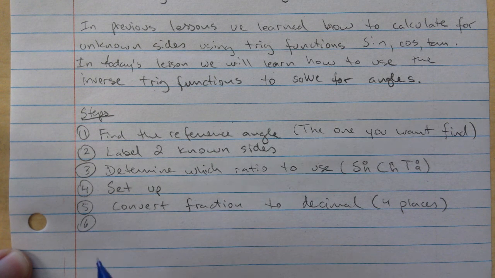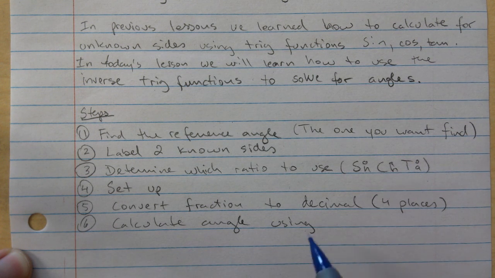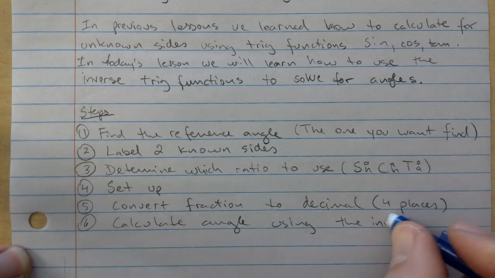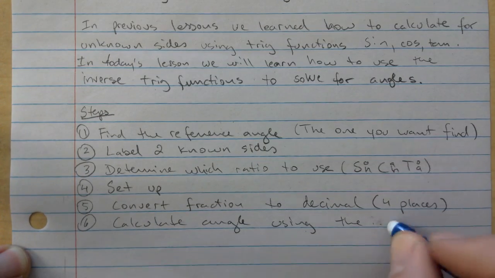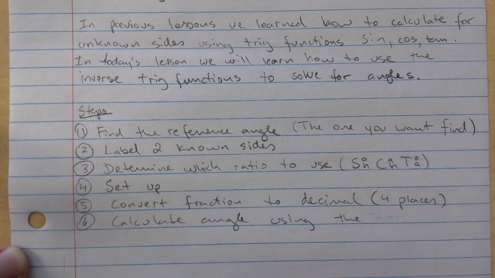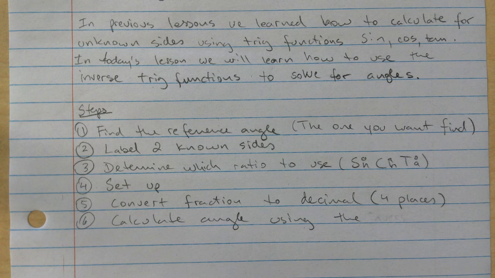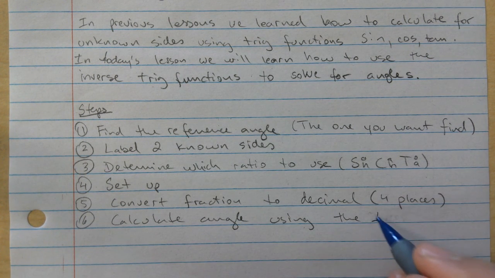And then 6. Calculate the angle using the inverse. I will make inverse capital because that is key. It's almost like the square root in Pythagorean theorem. I find that a lot of students forget to take that last step of the inverse.